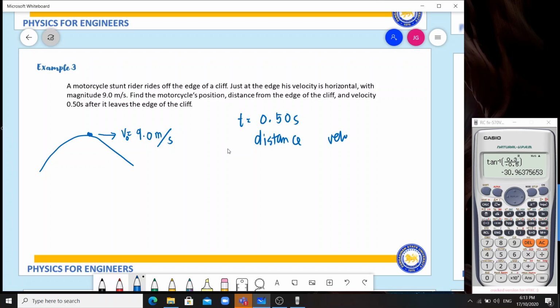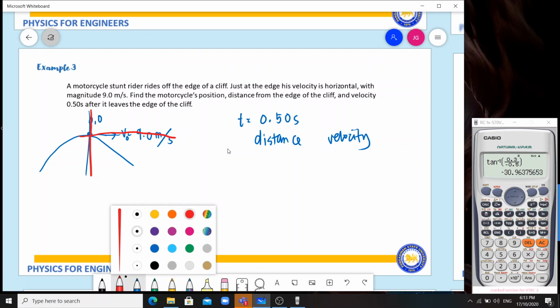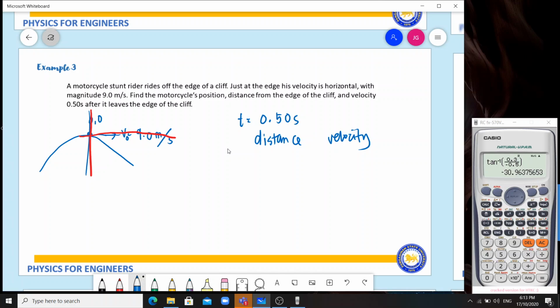and the velocity. Okay. So, kung ang datum natin is si motorcycle, yung una niya, 0, 0 yan. Datum. So, makukuha natin si distance, 'di ba? Meron tayong formula earlier na x equals x0 plus v0t.